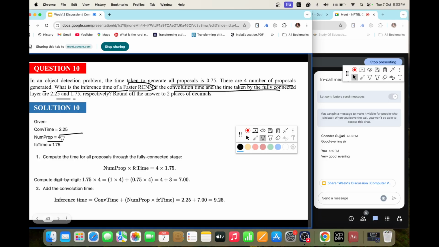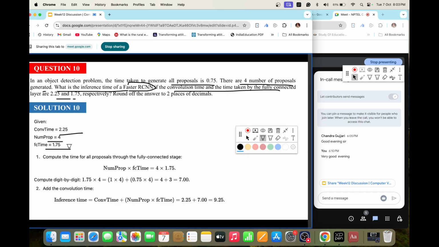Number of proposals is 4, and this is the FC time, the fully connected layer time, which has also been given, that is 1.75. So you can easily solve this.